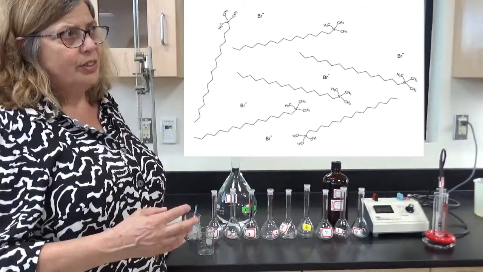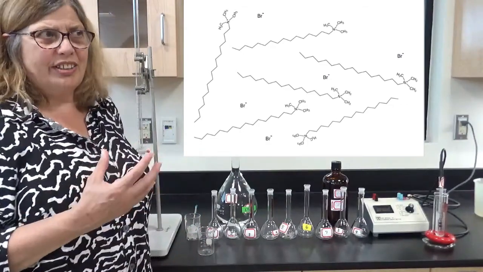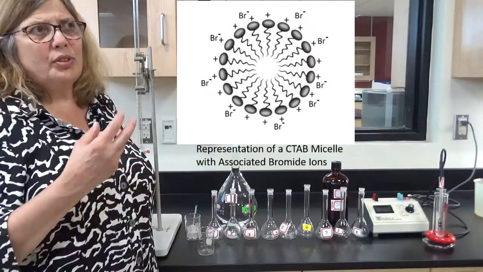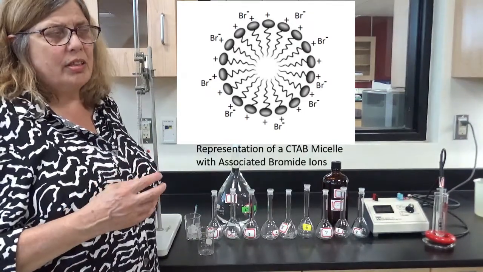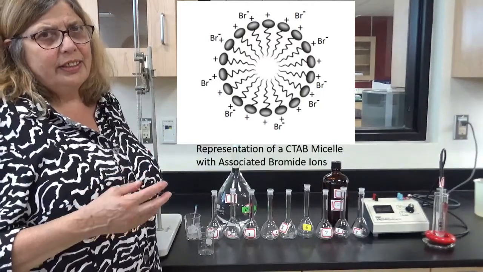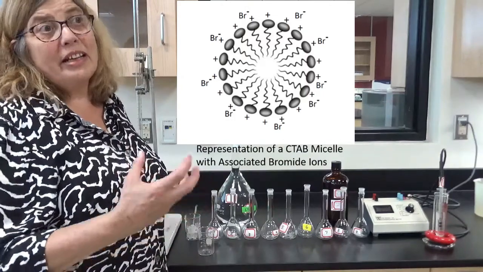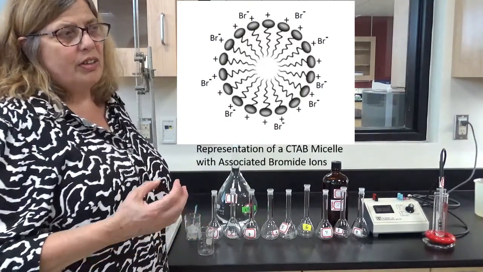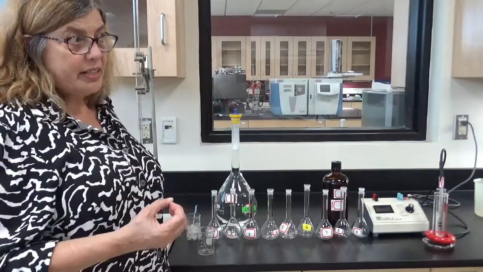They aggregate into a very nice spherical giant particle that consists of, who knows, 50, 100 of these monomers. And if you took Chem 408, we actually figure out the aggregation number. That's how many of these large monomers aggregate together to form what we call a micelle.